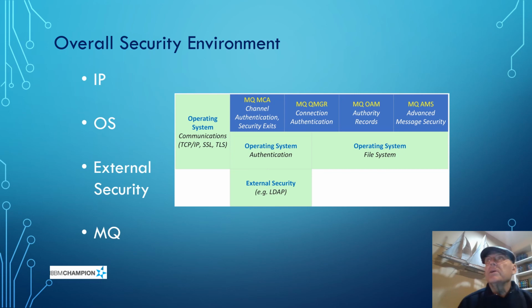There's file system security, which is stopping you from getting to MQ resources because they're protected by the file system. And there's MQ components. The MCA, the MQ message channel agent, is handling the TCP IP communications layer security. The queue manager is handling that connection authentication, forcing you to re-authenticate. The MQ OAM is the Object Authority Manager, seeing that an authenticated user ID has access or not to MQ resources. And finally, that MQ AMS component is encrypting the stored data on disk. So quite a number of different components can be brought into play to make quite strong security.